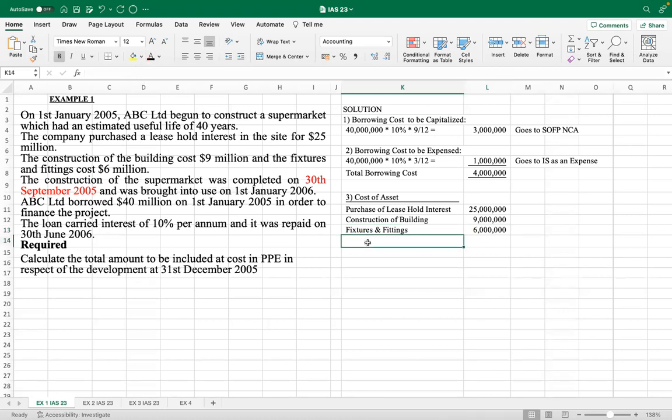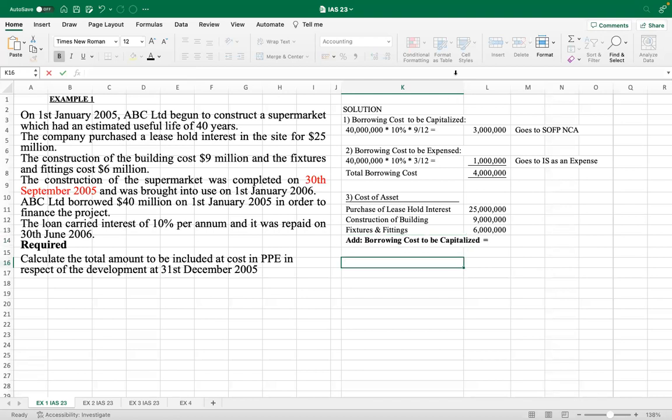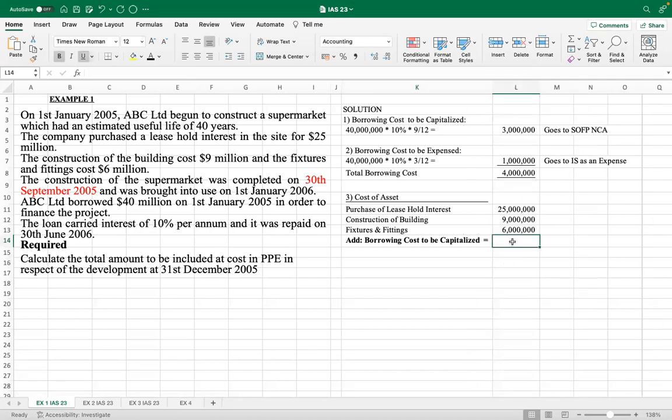Okay, and then you add borrowing costs, that is now what we have learned in the standard, to be capitalized. The amount of borrowing cost to be capitalized, we have calculated it above here. So you remember to include the amount of borrowing cost to be capitalized, which is 3 million.